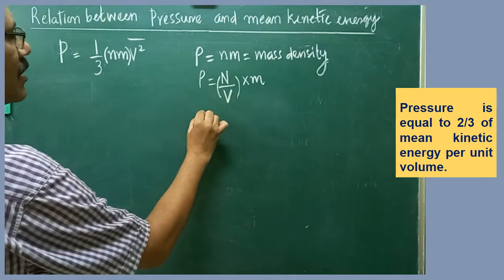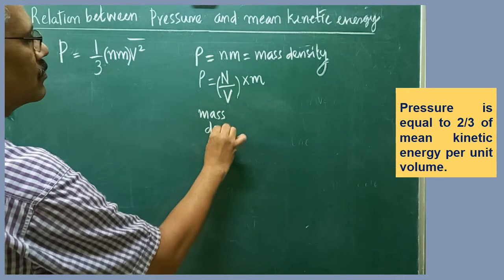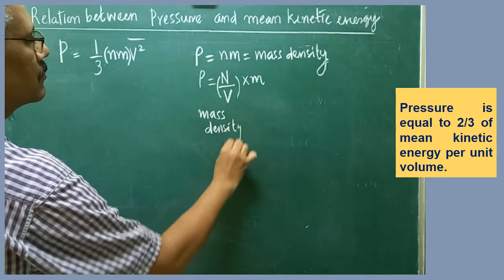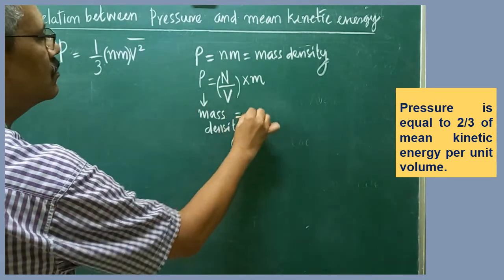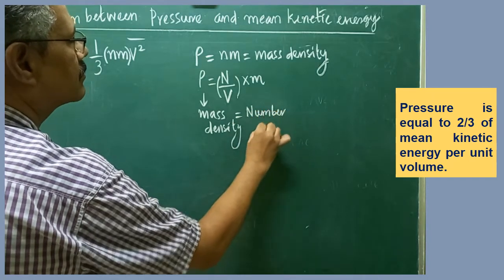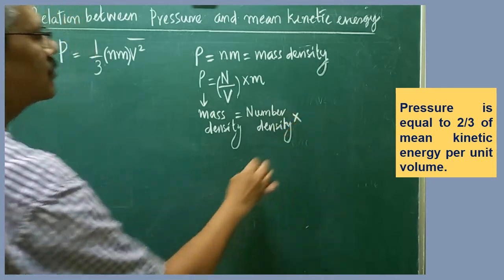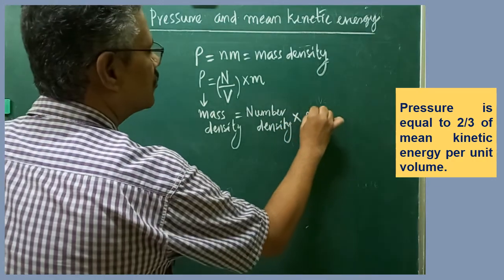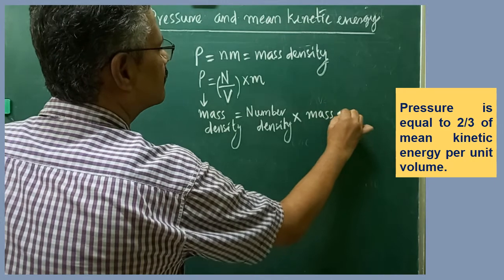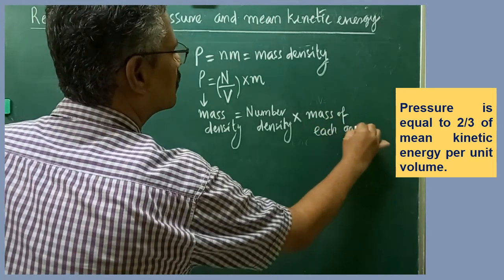I'll write the formula now. Mass density rho is equal to number density into mass of each molecule, the mass of each gas molecule.